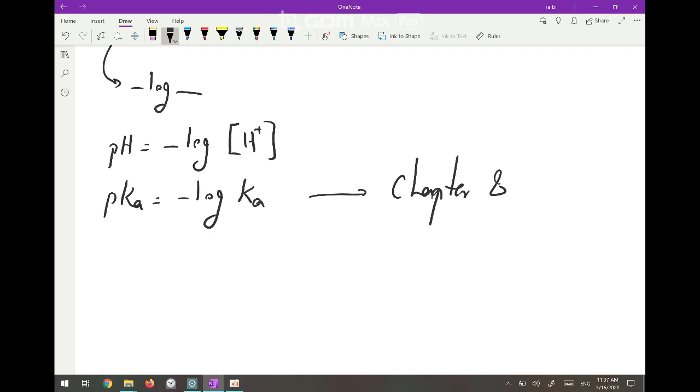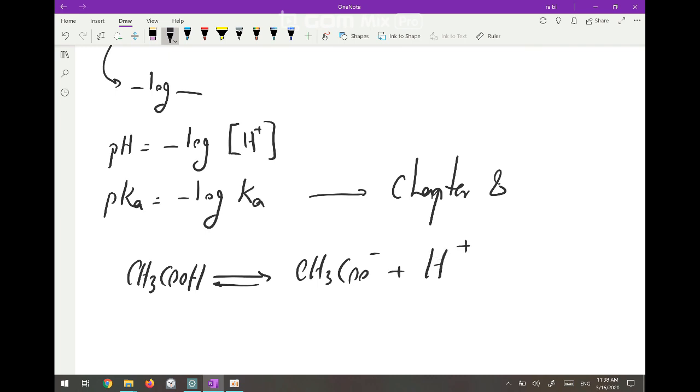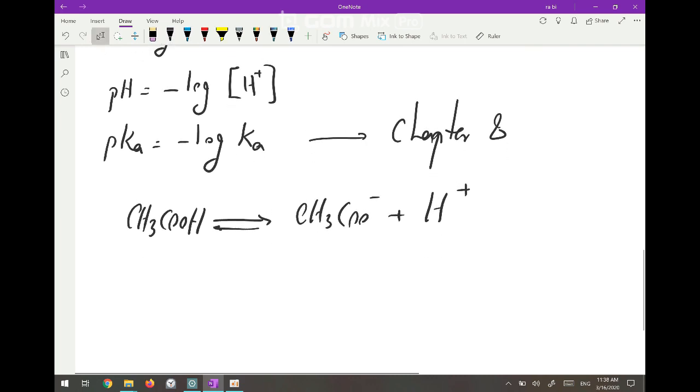Okay. When you have a weak acid like acetic acid, CH3COOH, it dissociates partially, so it makes an equilibrium inside the solution. It converts to CH3COO minus and H plus. But because this is the equilibrium, you can write the equilibrium constant for that, which for acid we call acid dissociation constant.